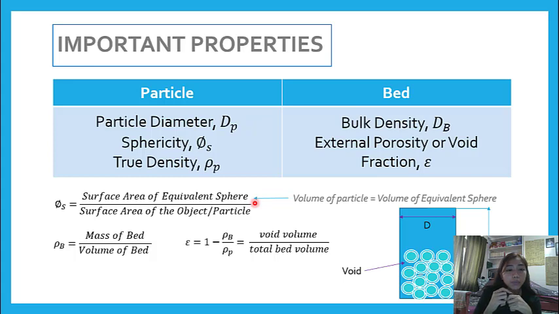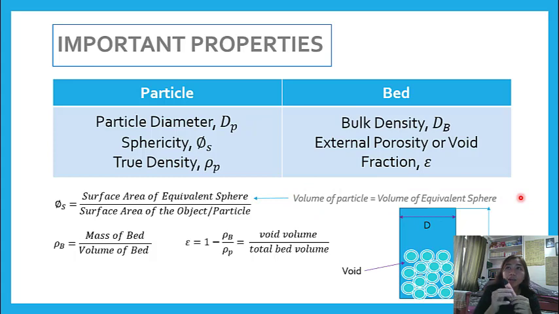And how do we compute for the equivalent sphere? Since we molded this object into a sphere, the volume of the object is just the same as the volume of the equivalent sphere.